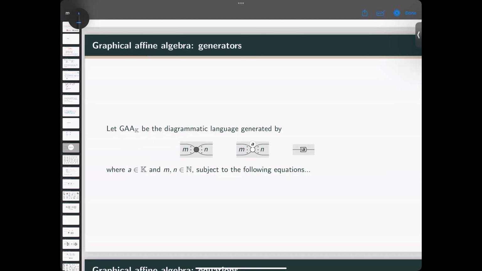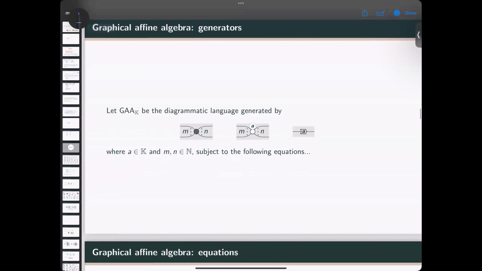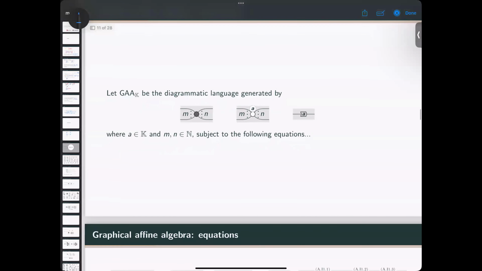This is a slightly modified version of their axiomatization because they don't use spiders and they don't use flexsymmetry, but it's completely equivalent. And so we can define a language GAA over a field K, or graphical affine algebra, which is generated in the usual way for graphical languages by juxtaposition and sequential composition by these three generators, where you have to be a bit careful that this last generator here is not flexometric, hence why we draw it with an arrow.